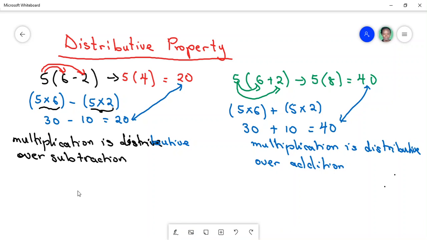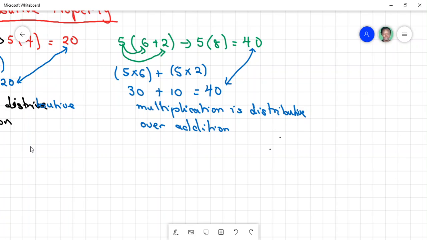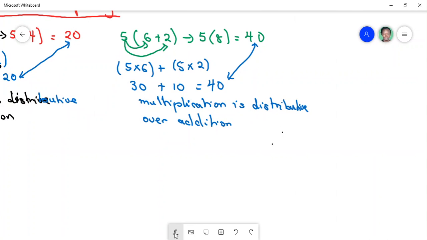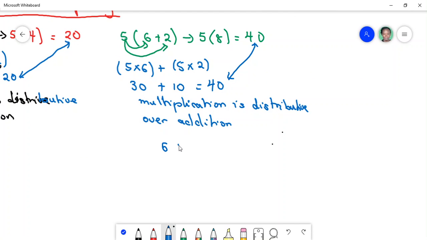If I have this and I asked you to multiply, we had 6 plus 2, and we are adding 5 of that. So it's more like I had 6 plus 2, 6 plus 2, 6 plus 2, and 6 plus 2.